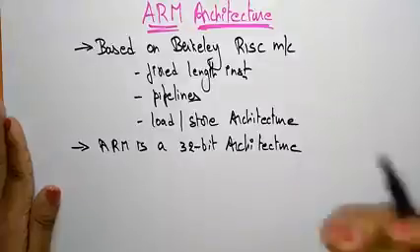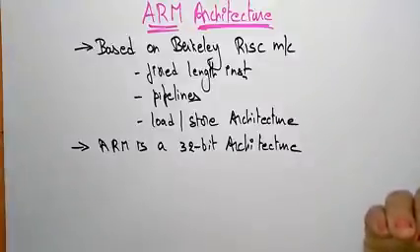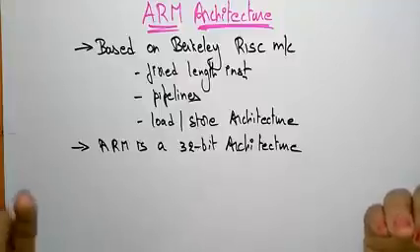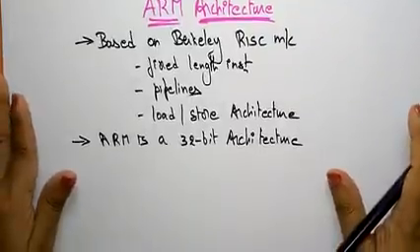That means whatever data has to be fetched and executed, the address bus, data bus and control bus, everything is of size 32 bits, and the ALU performs the operations by taking data from registers which have a 32-bit length.